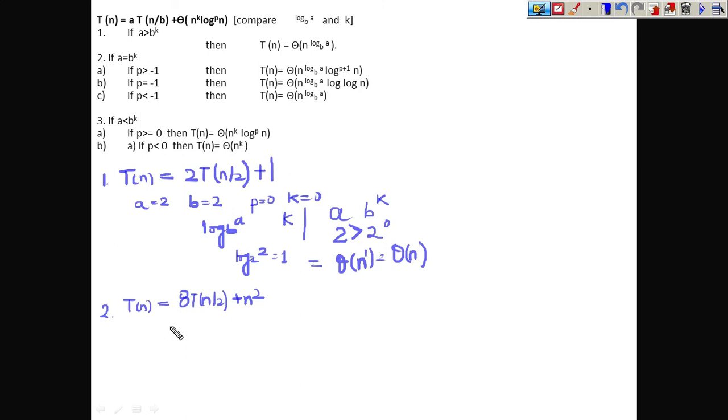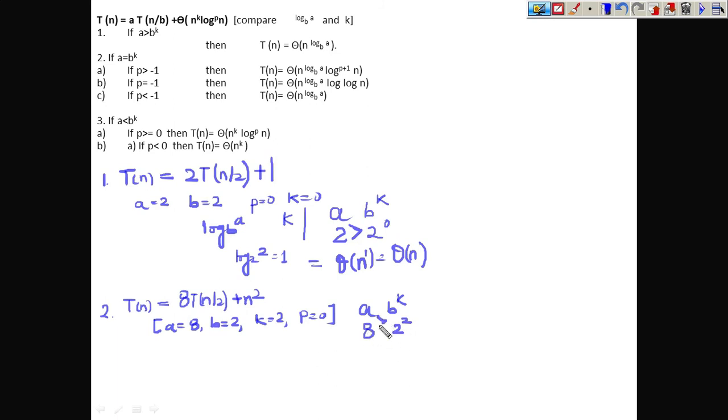Here we have a equals 8, b equals 2, k equals 2, and p equals 0. All conditions are satisfied, so we can apply the master theorem. Then you have to find which case is applicable, so you look at a and b power k. a is 8 and b power k is 2 square. So again this is case 1.